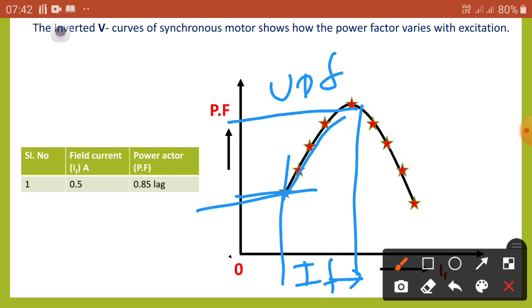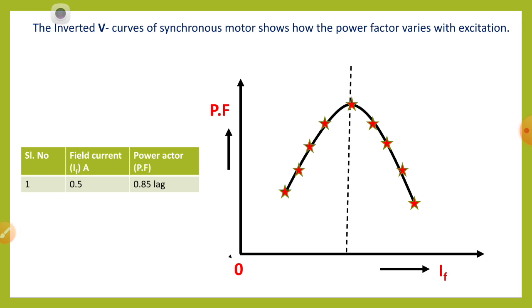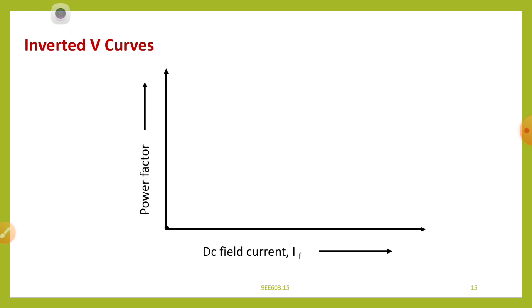If it increases further, then the power factor reduces. Here you have to observe this: this is the minimum field current required for the motor to run on UPF. From this line, the left side is the lagging power factor and the right side is the leading power factor.